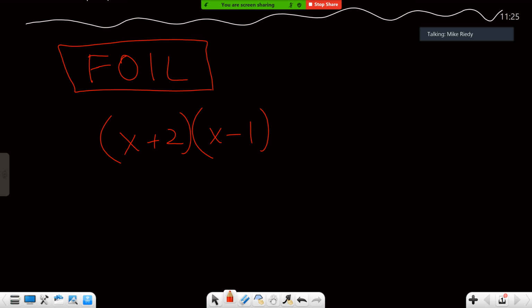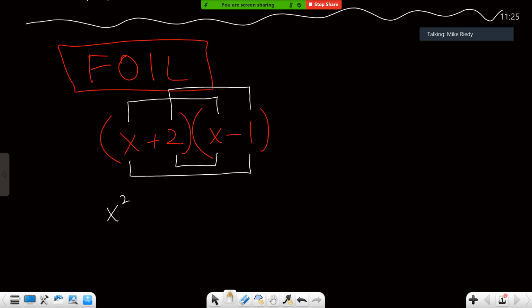But we also need to be able to FOIL so that we can check our answers if we have to. It means first terms multiplied together, outside terms multiplied together, inside terms multiplied together, last terms multiplied together. Therefore, this becomes x squared plus 2x minus x minus 2, which gives me x squared plus x minus 2.